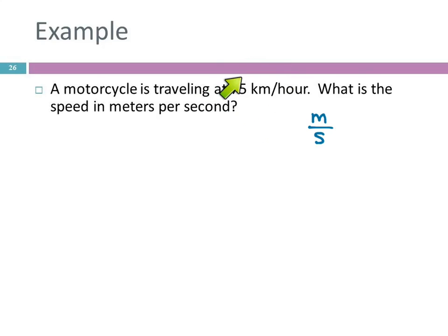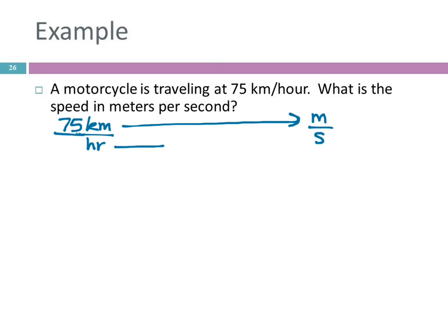So what we're starting with is 75 kilometers per hour. This line goes all the way under the number. So we can convert kilometers directly to meters, right? So we can go kilometers to meters.